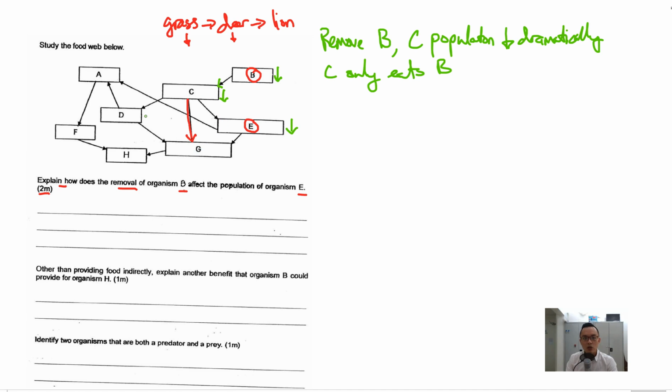So E, G, and D eat C, but C only eats B. So C only eats B, and that's why C's population will decrease dramatically.